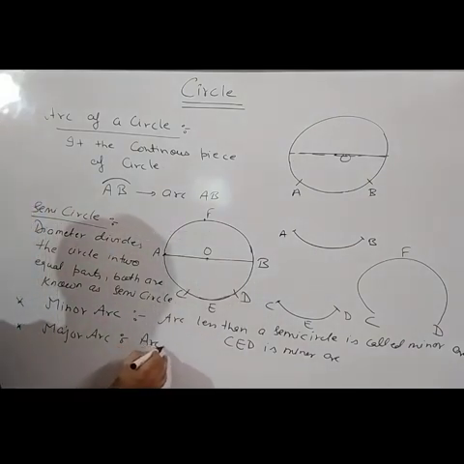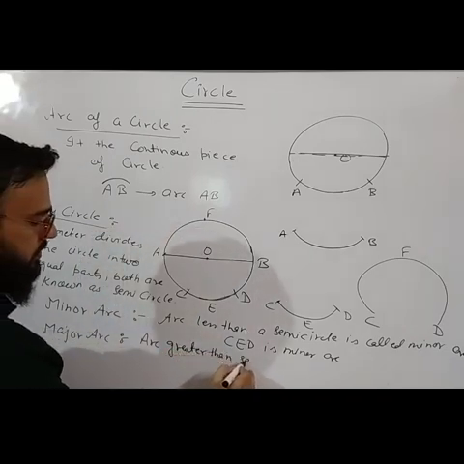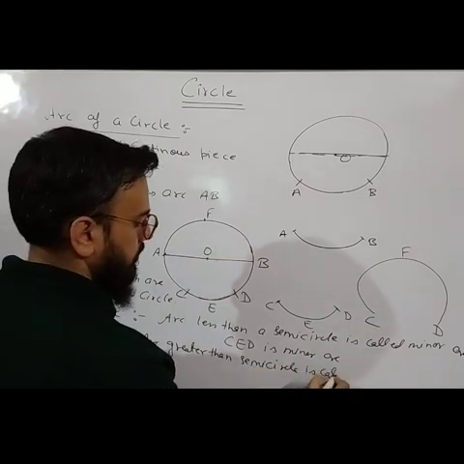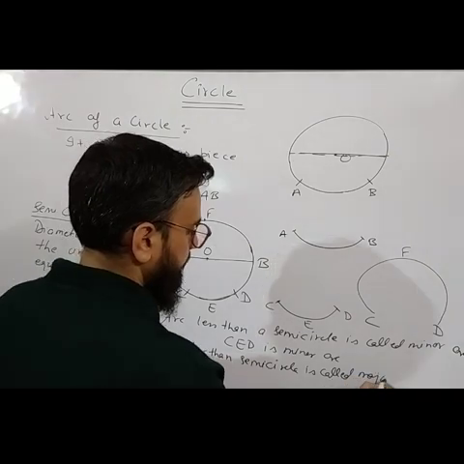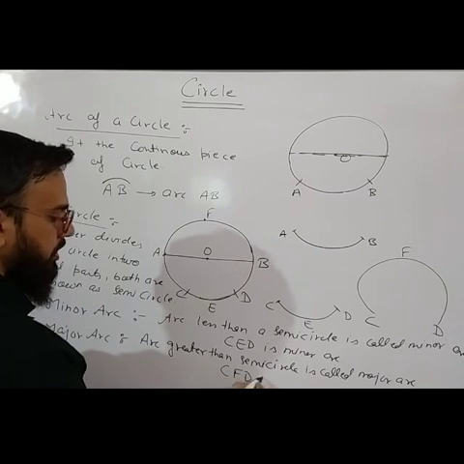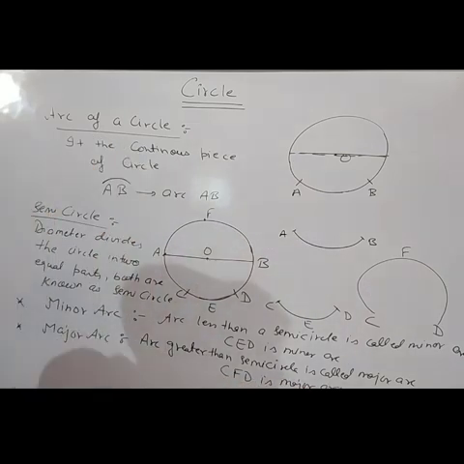An arc greater than semicircle is called major arc. In this figure, CED is the minor arc and CFD is the major arc. Clear? So what is arc? Two types of arc, minor and major.